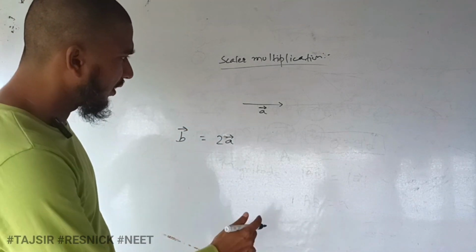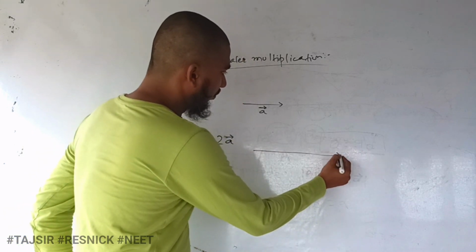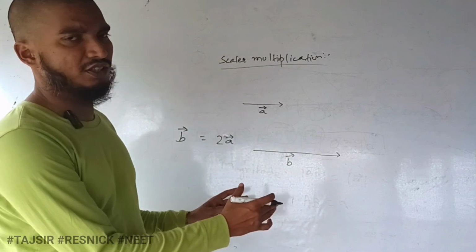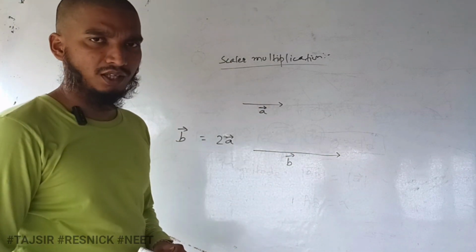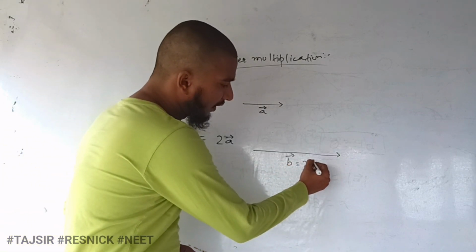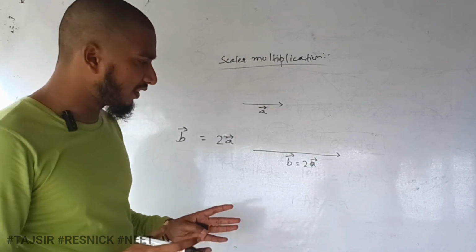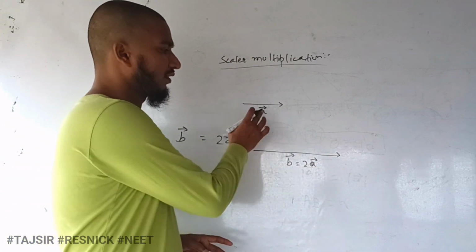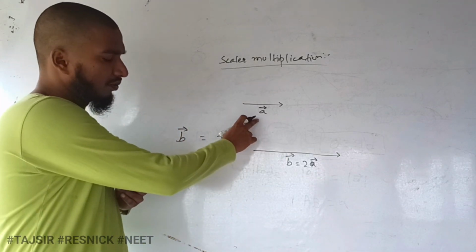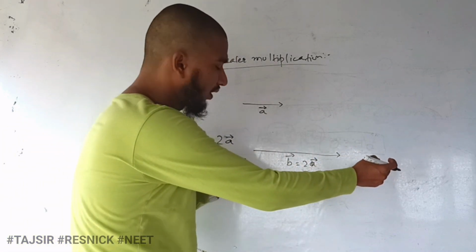What does it mean? It means we have a vector B which is in the same direction as vector A, and it is twice in length, that is, its magnitude is 2 times that of vector A. So multiplying a vector by a scalar means it is being stretched.